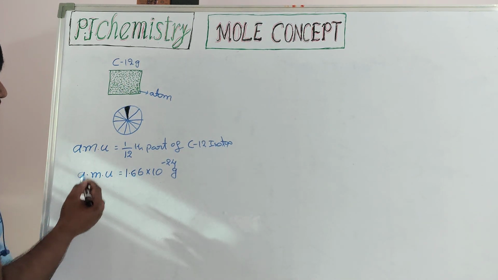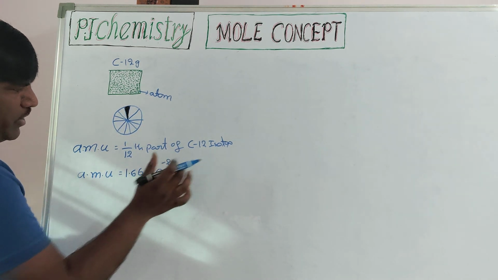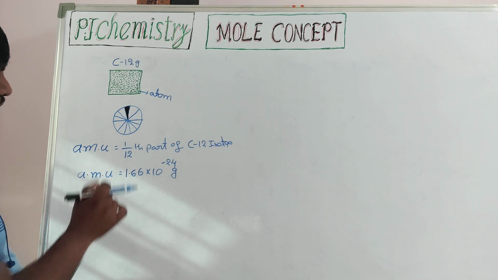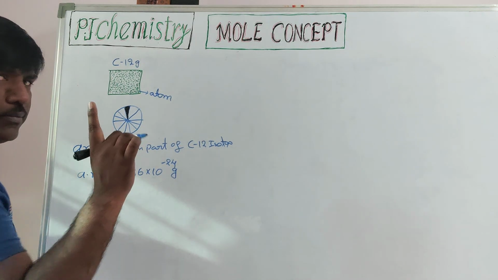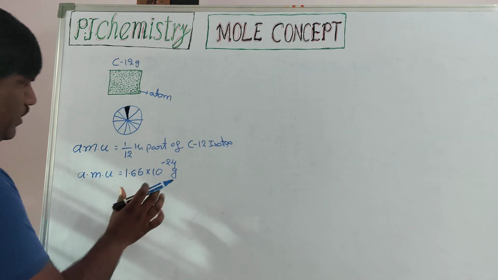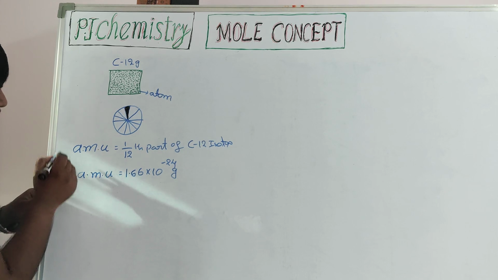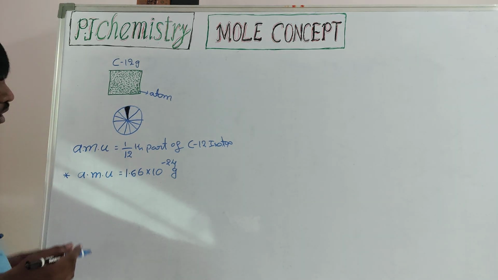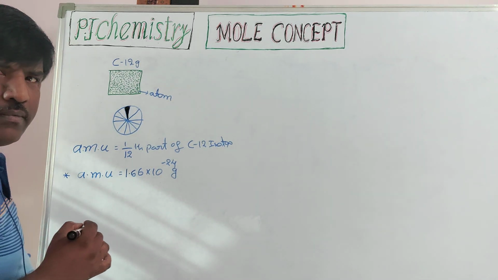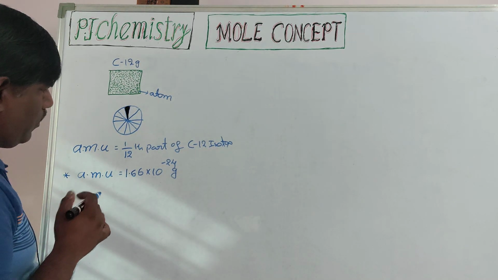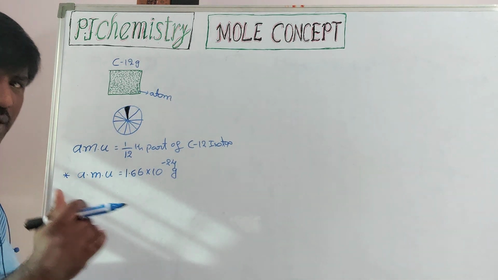Now, 1.66 into 10 to the power of minus 24 is the value for one small unit. In these 12 parts, the 1 by 12th part value is 1.66 into 10 to the power of minus 24. Now I want the total mass of this atom. One unit value is this much, so 12 unit values, how much?